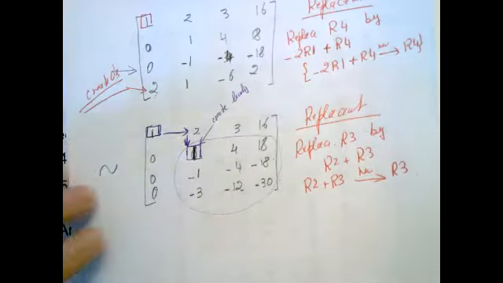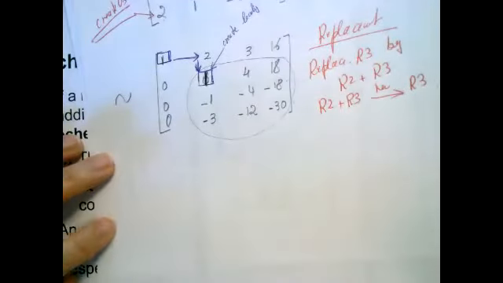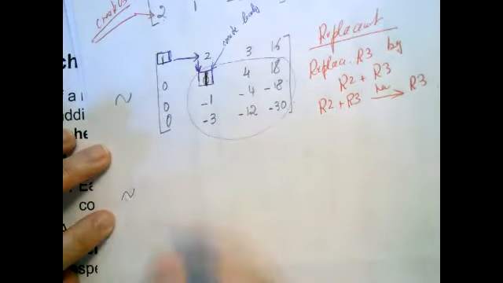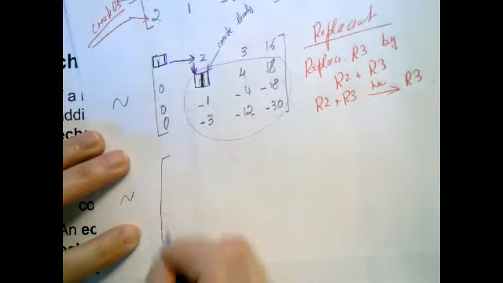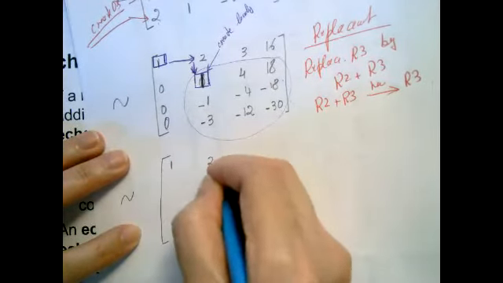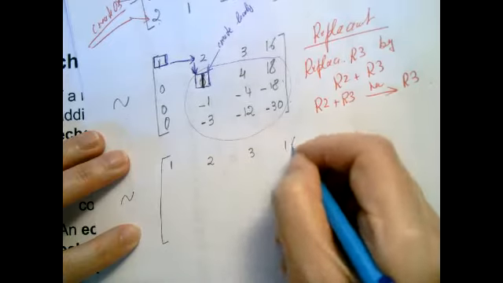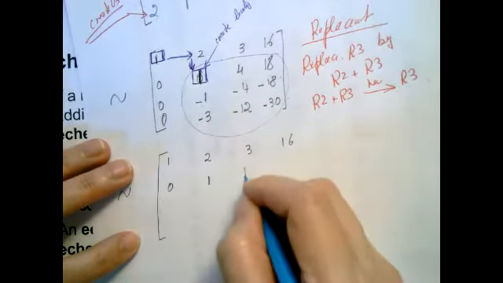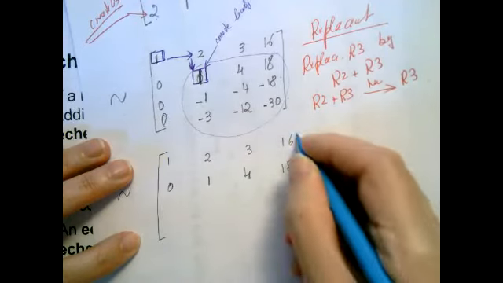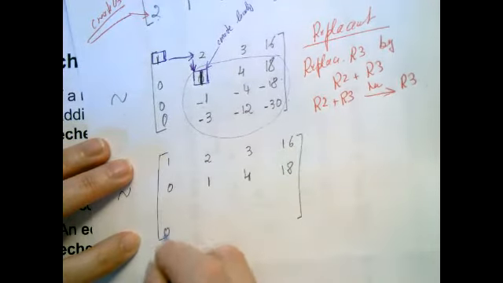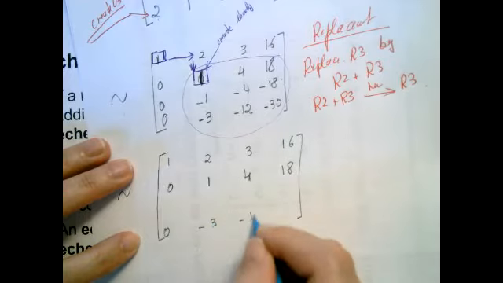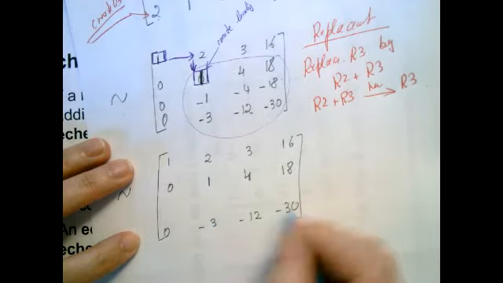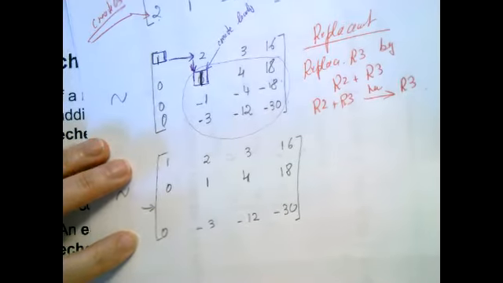That's the operation I'm going to do. So let's do that. 1, 2, 3, 16. Very good. 0, 1, 4, 18. I did not touch the other rows. It's this one that I am changing.